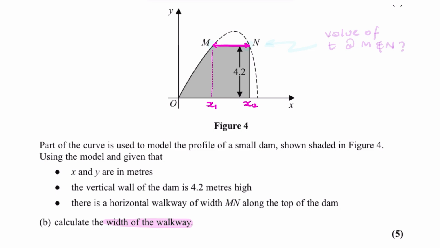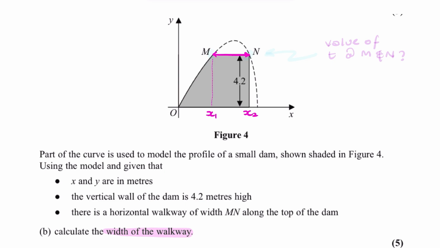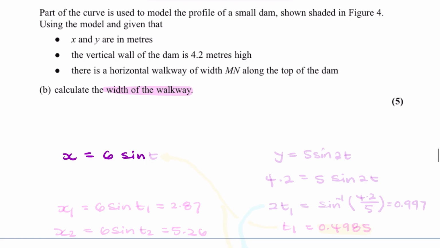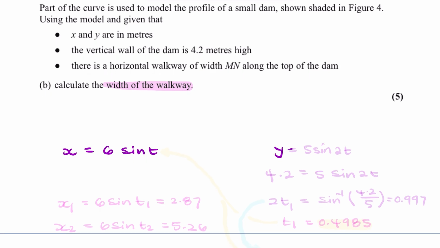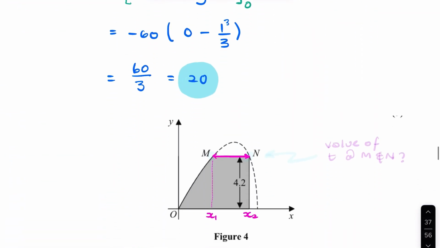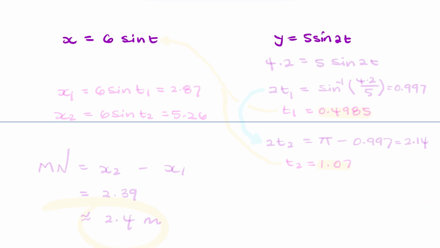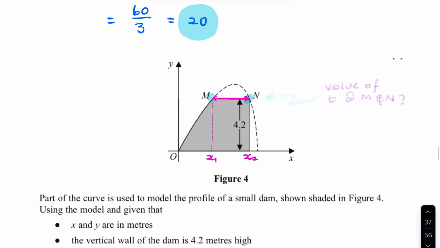And to do that, we're going to have to find the equivalent values of t, because these are parametric equations, remember. So let's go back and write our parametric equation. We have x equals 6 sine t, and y equals 5 sine 2t. So I'm going to try to find the value of t at these 2 points, M and N.